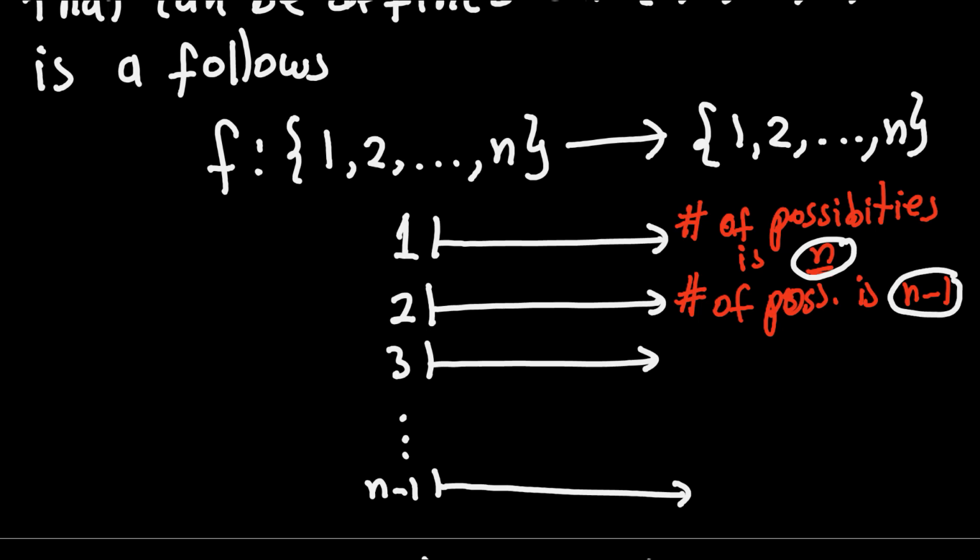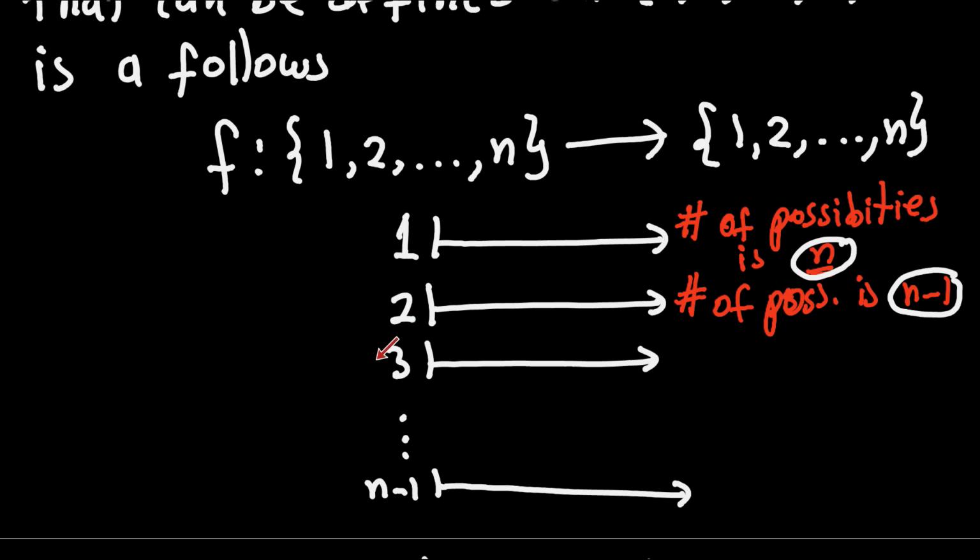Now I'm going to do one more, and you see the pattern here. So 3. Now I already chose 1 and 2 here. So 3 is going to have a restriction because 3 cannot be mapped to the same numbers that I mapped 1 and 2.